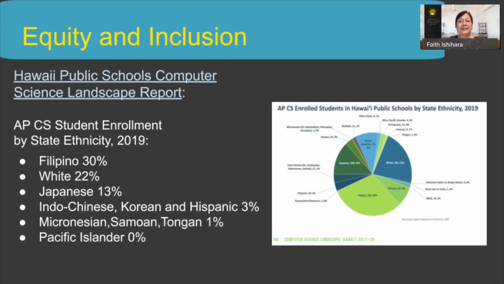The recently released Hawaii State Computer Science Landscape Report reveals some advanced placement computer science student enrollment data where participating ethnicities do not reflect our actual population. So you can look at this list, and students who identify as Filipino make up 30%, while white students make up 22%. And you can read through the list and you'll notice that there are no Pacific Islander students.